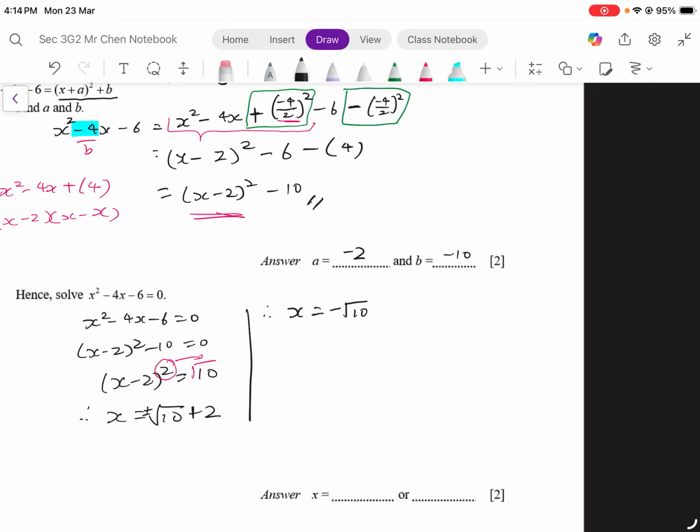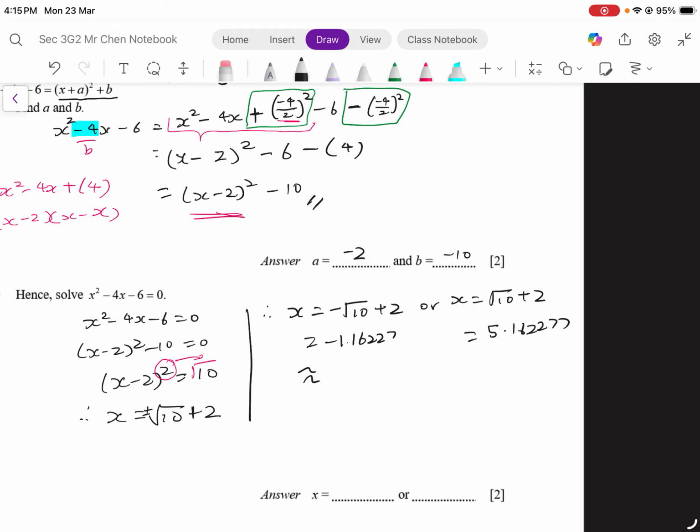Minus square root 10 plus 2 or square root 10 plus 2. Okay, so you should get 5.162277 or minus 1.162277.